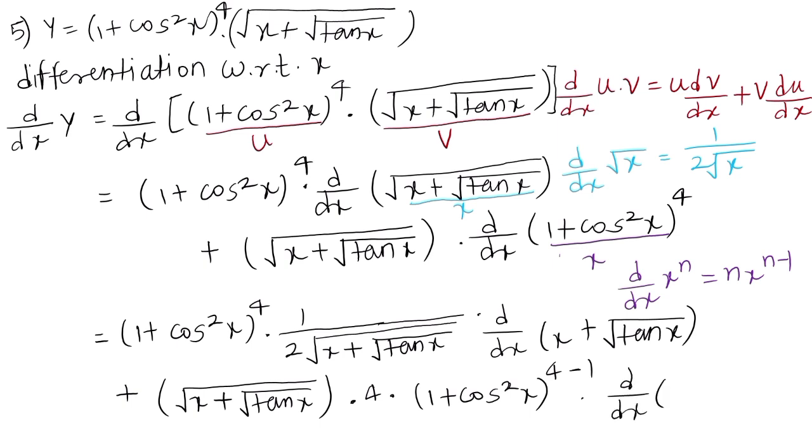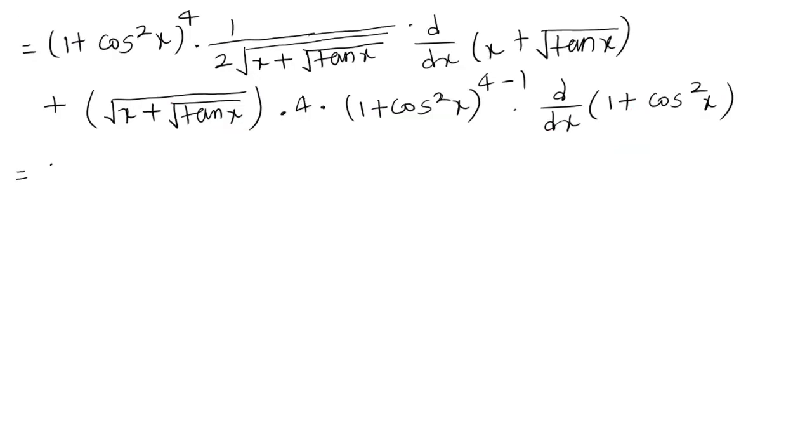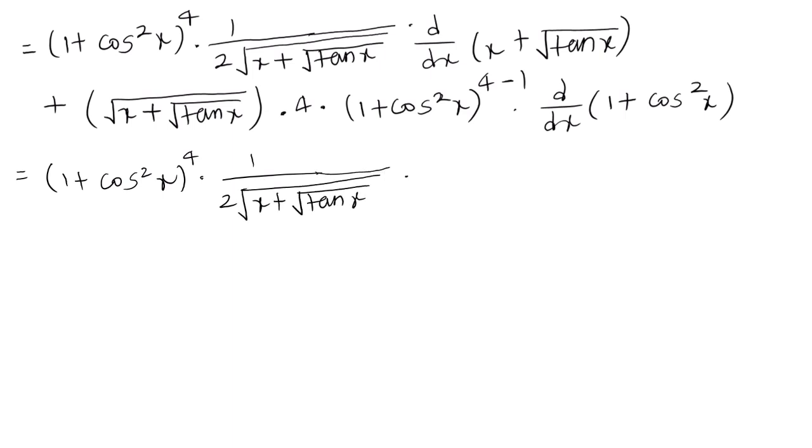We have considered the entire expression as x. So we need to take differentiation of 1 plus cos square x. First write this starting expression, that is (1 plus cos square x) raised to 4 into 1 upon 2 root of x plus root tan x as it is. Let's understand how to find differentiation of x plus root tan x.